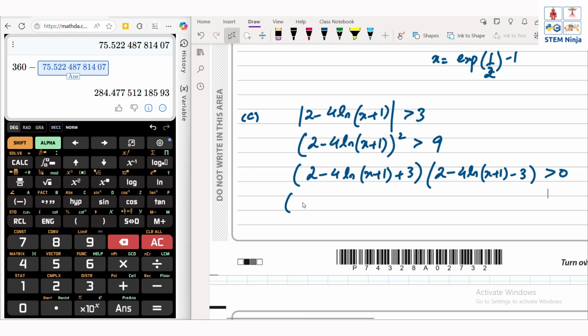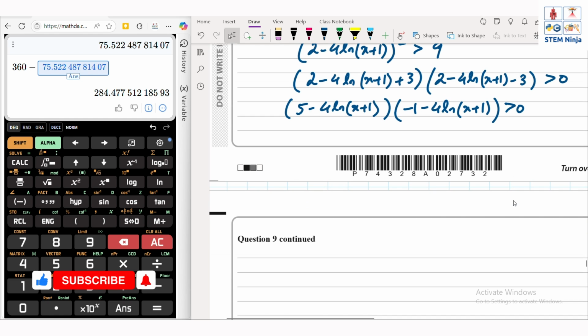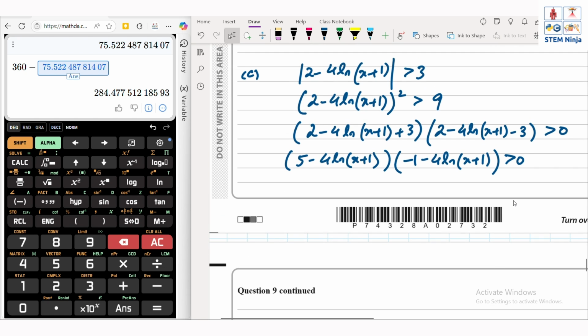So we have 5 − 4 ln(x + 1), and 2 minus 3 is minus 1, so −1 − 4 ln(x + 1), greater than 0. All right, so basically we have this quadratic and we are finding greater than 0.